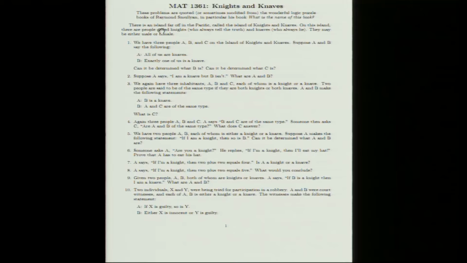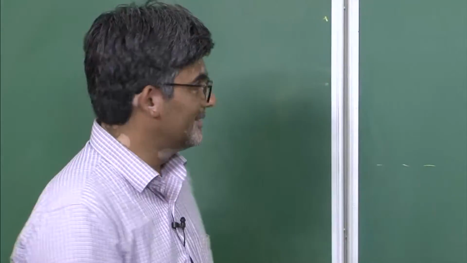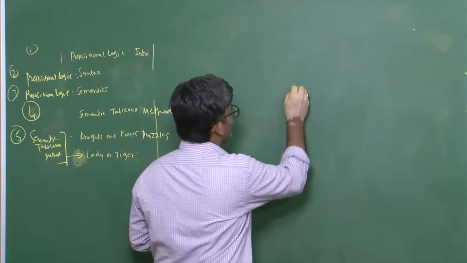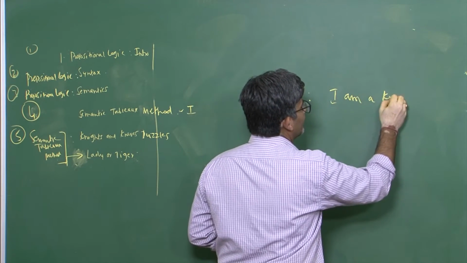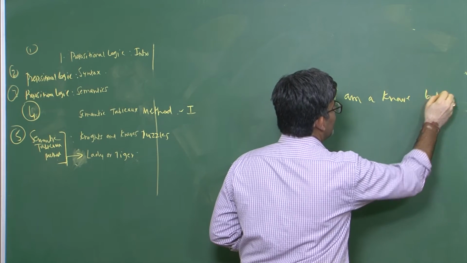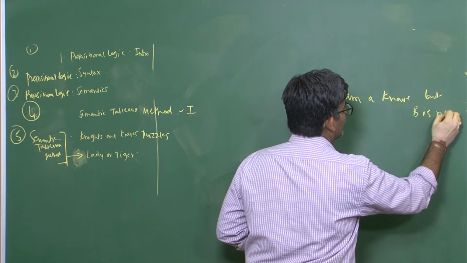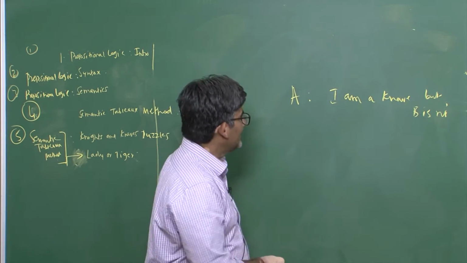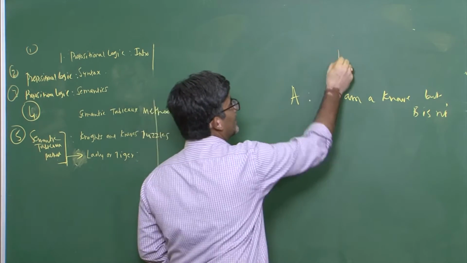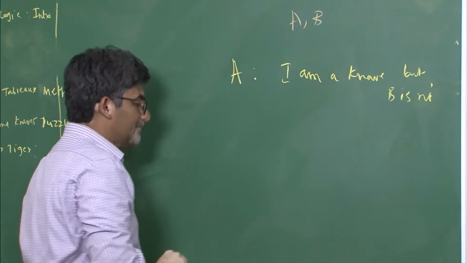So what are A and B? So this puzzle can be described like this. A is saying I am a knave but B isn't. This is the only statement that is available to us. So now we need to figure out what are A and B.